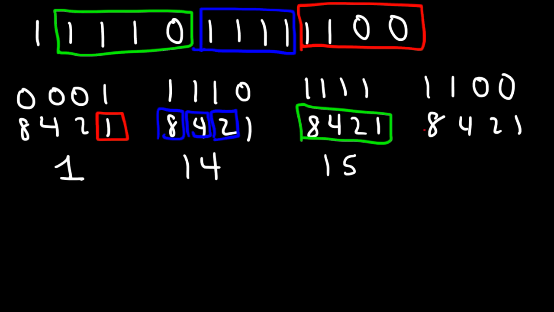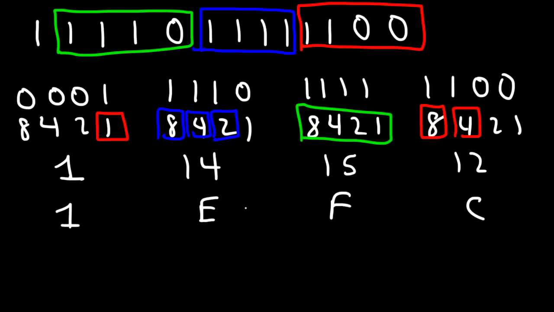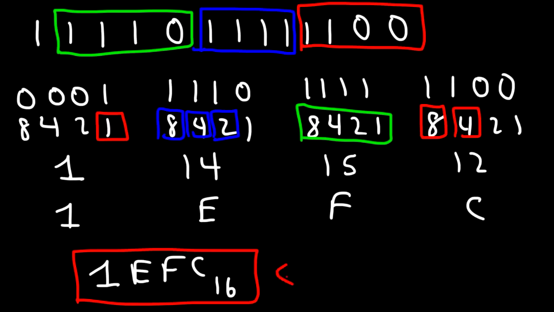And for the final one, it's just 8 plus 4, which is 12. So we know 10 is A, 11 is B, 12 is C, 13 is D, 14 is E, 15 is F. And so the answer is 1, E, F, C in the base 16 system. So this is our answer as a hexadecimal.